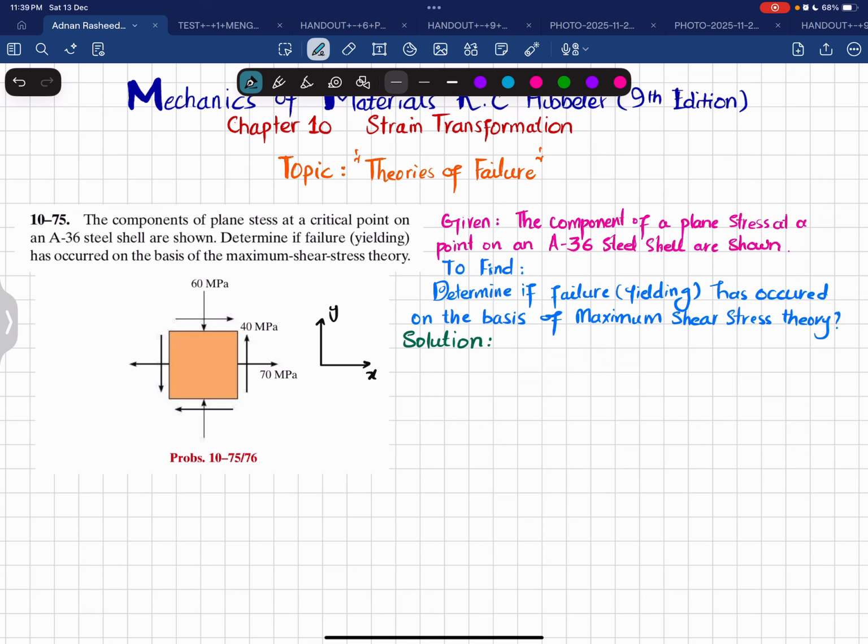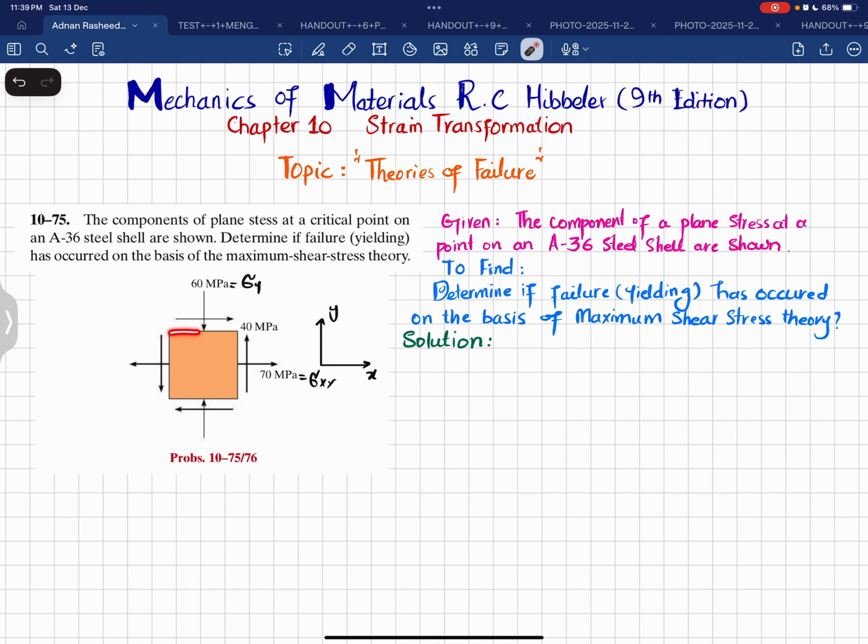So I will write this as sigma x. Similarly, in the y direction, this is sigma y, the plane perpendicular to the y-axis, and here the shear stress occurs in the x direction, so we will call it tau of xy.